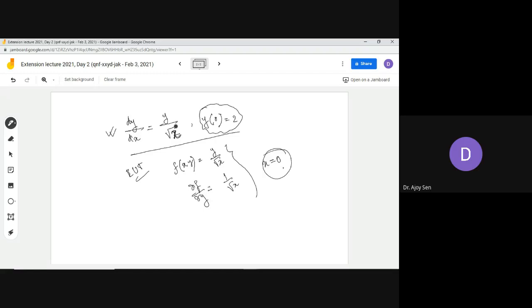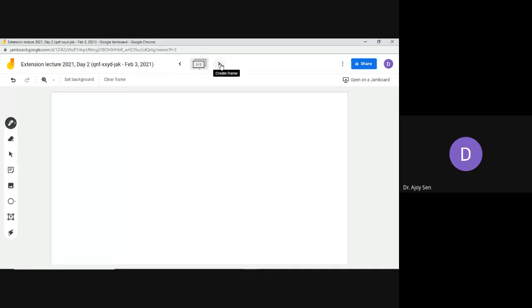So now I'm going to introduce the first order exact ordinary differential equation.